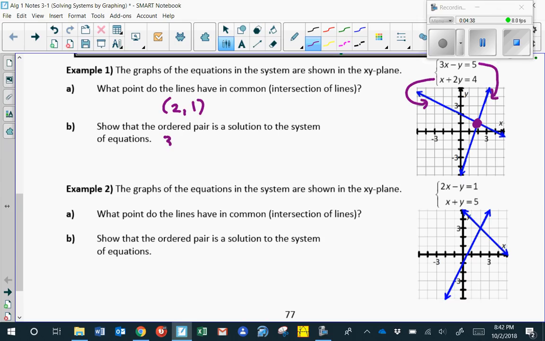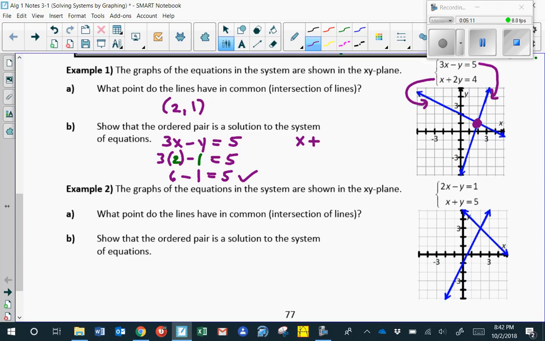So let's test the equation 3x - y = 5 first. So if we replace the x value with 2 and the y value with 1, 3 times 2 is 6, minus 1 is 5. That's true. And so that ordered pair is a solution to the first equation.